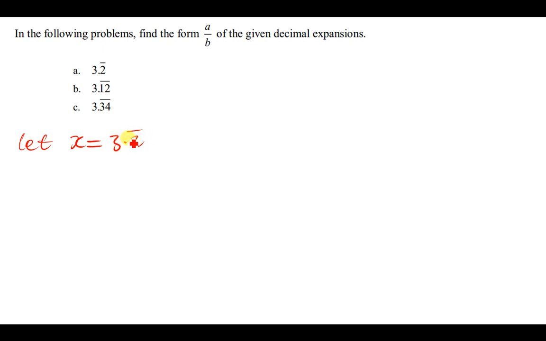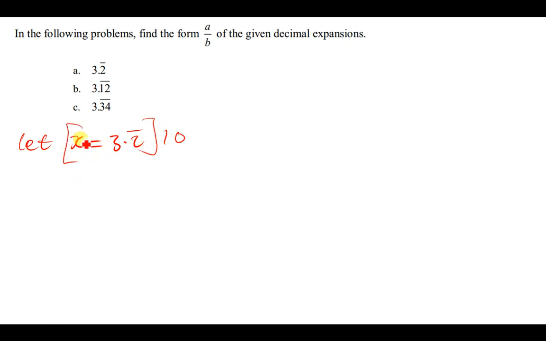How many steps are we moving? We're moving one step. Moving one step is the same as multiplying by 10. Moving 2 steps is the same as multiplying the whole equation by 100. 3 steps, multiplying by 1000. 4 steps is the same as multiplying the equation by 10,000. In this case, we're moving one step, so it's the same as multiplying this equation by 10.